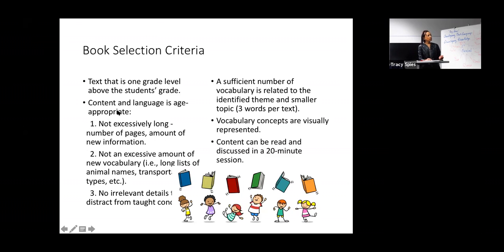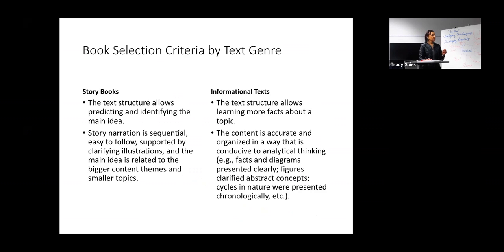I also look for content and language that is age appropriate. It's not excessively long in terms of numbers of pages. It does not have an excessive amount of new vocabulary. I always get questions from teachers around these kinds of books.